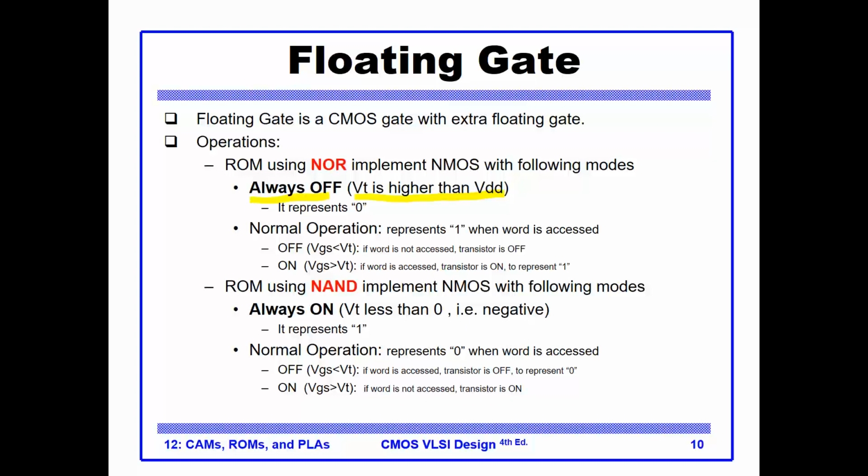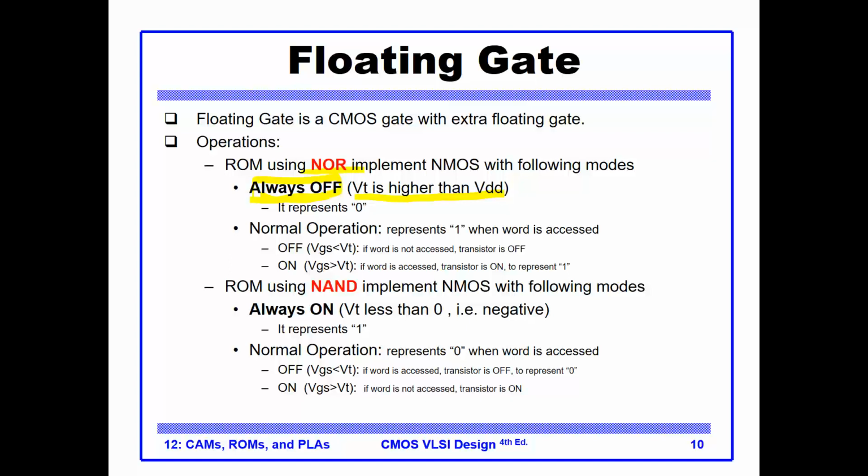If you have a device with a VT equal to VDD, then there is no voltage on the gate that can turn it on, because the maximum voltage I have on the gate will be VDD. If the threshold of the gate is VDD, then this device is always off. This is typically used for NOR implementation.